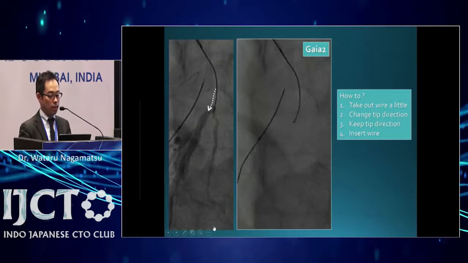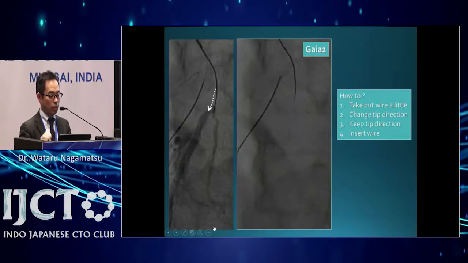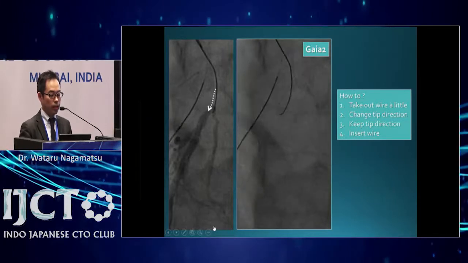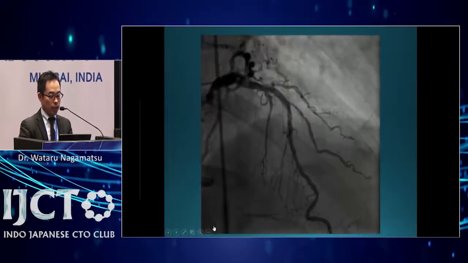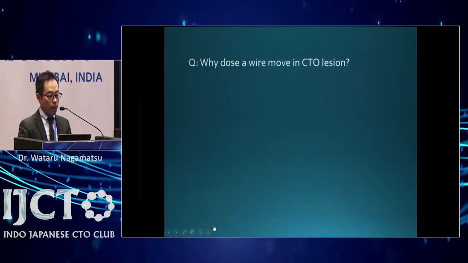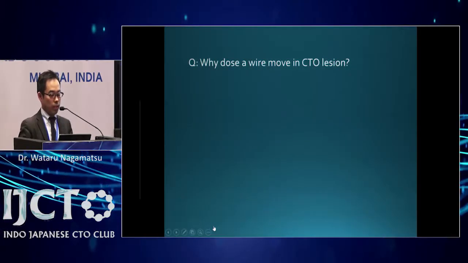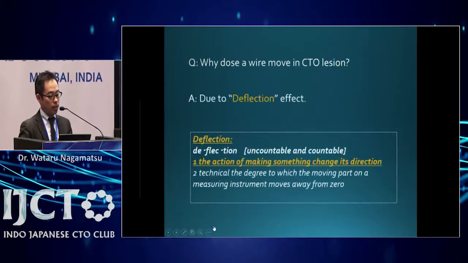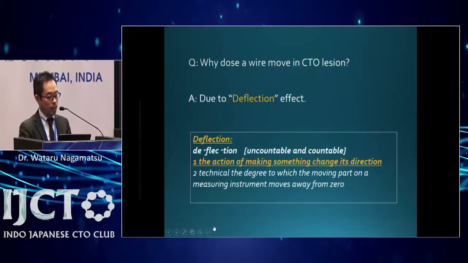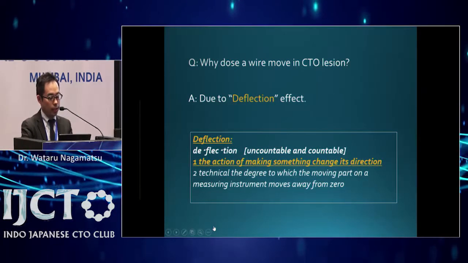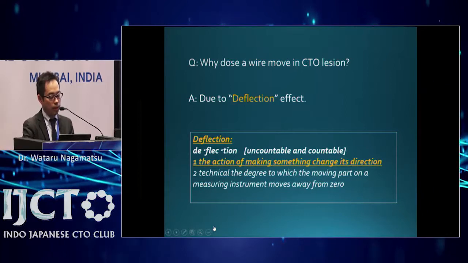Keep the tip direction and insert the wire, and it automatically advances distally into the lumen. Finally, we can get a very good result. Okay, and why does the wire move in the CTO region? Maybe due to the deflection effect. This deflection is not such a common word for me.